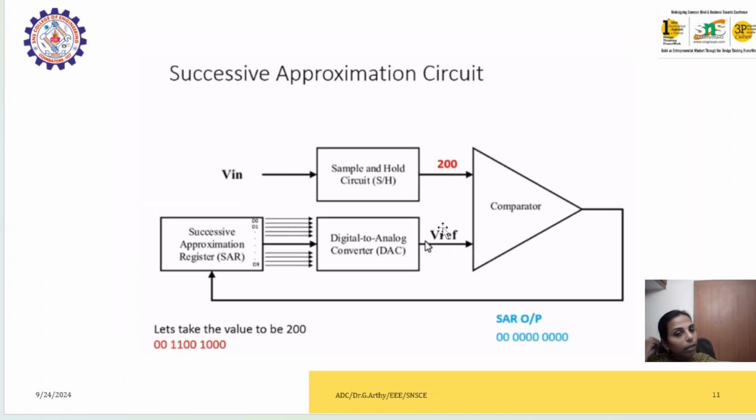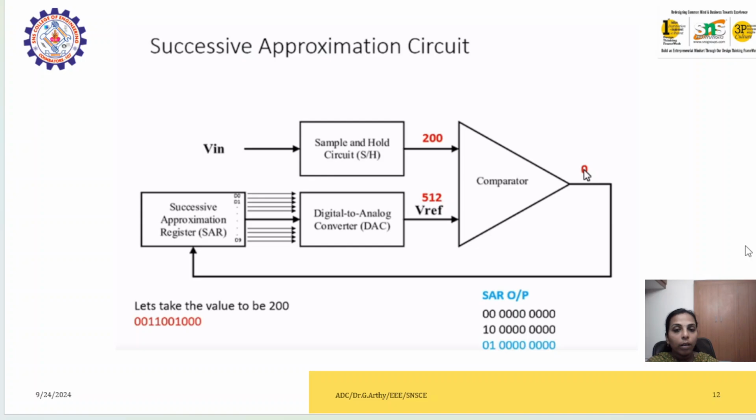Here we have considered a V input voltage of 200 volt. Initially the SAR output will be 0, and in the next iteration a comparison is made. This V in of 200 is compared with the value. Initially the first MSB is made equal to 1 in the first cycle. After making it 1, it is converted and a comparison is made.